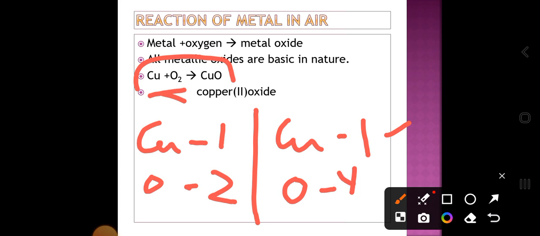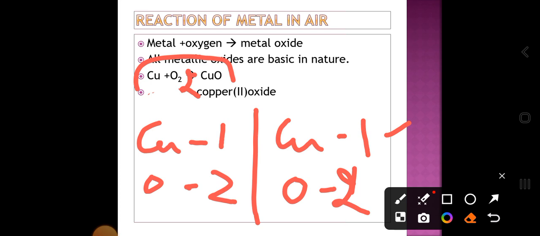So if I write 2 CuO, then oxygen is now balanced. There are two oxygens on the left hand side and two oxygens on the right hand side.